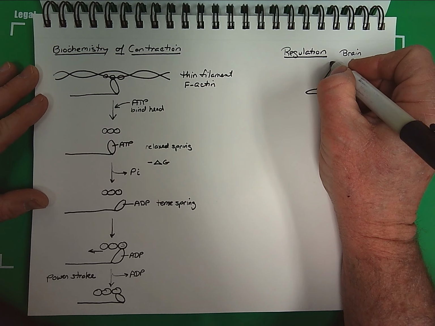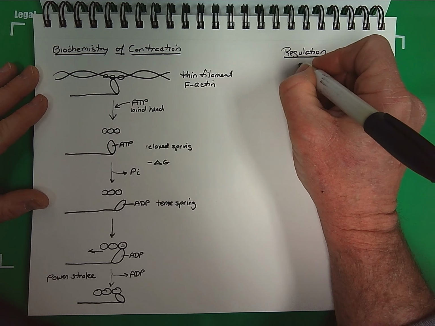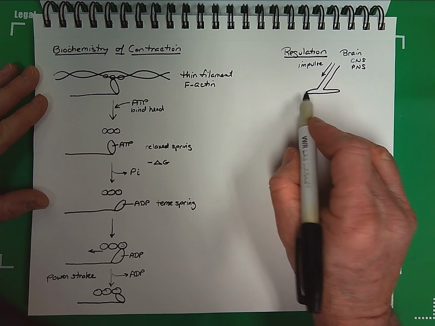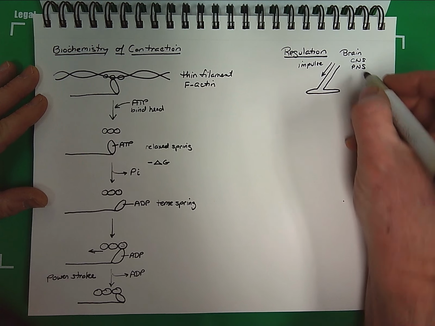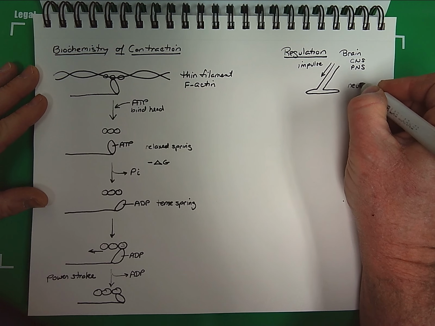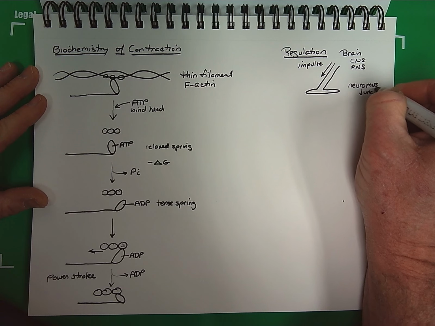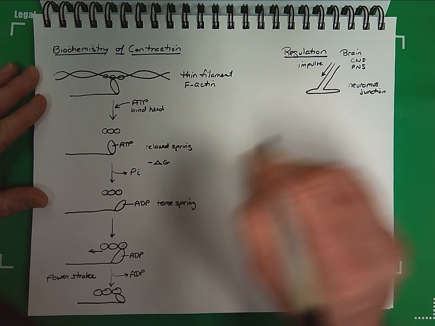And we have a wave of impulse, nerve impulse, propagating down the nerve to the nerve terminus. This is now considered a neuromuscular junction at the end of the nerve synapse.